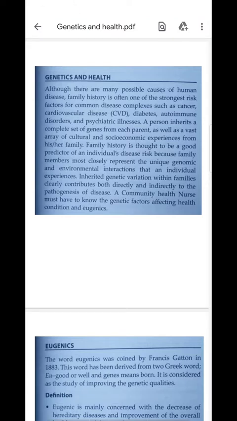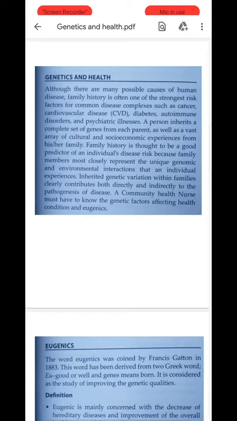Okay. So, inherited genetic variation within families clearly contributes both directly and indirectly to the pathogenesis of disease. So, the person who inherits genetic variation from the parents or ancestors will have some of the pathogenic diseases.